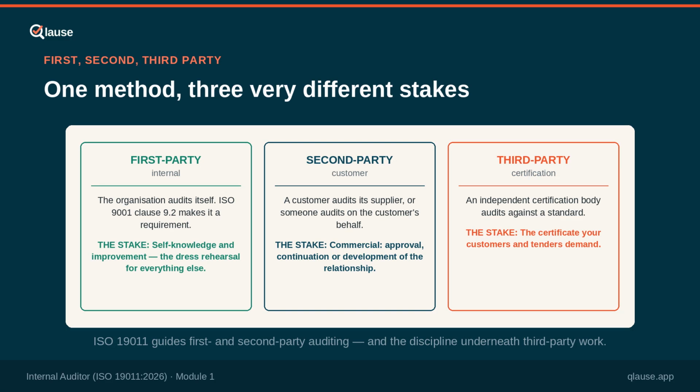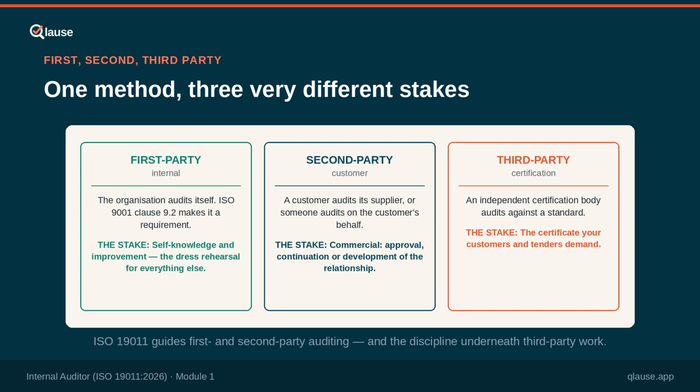Now the 3 types. A first-party audit is internal. The organization audits itself, and ISO 9001 Clause 9.2 makes that a requirement rather than a courtesy. The stake is self-knowledge and improvement, and it is the dress rehearsal for everything else. A second-party audit is a customer auditing its supplier, or someone auditing on that customer's behalf. The stake there is commercial: approval, continuation, or development of the relationship.